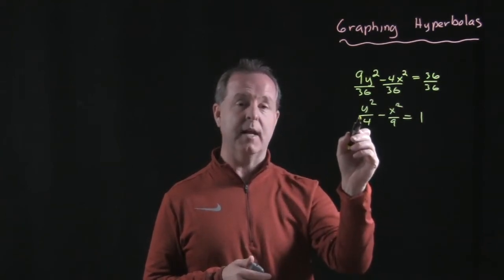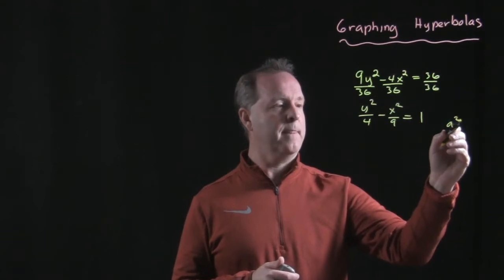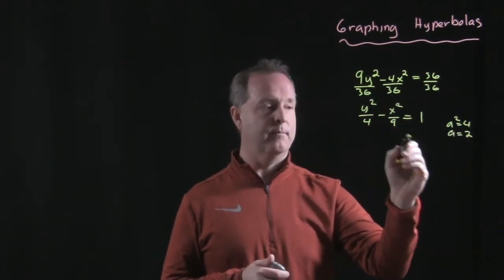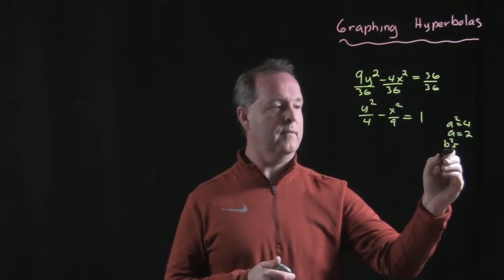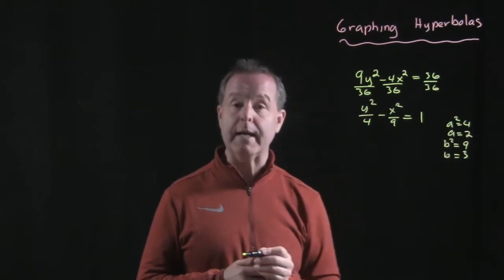So this helps us understand that our a squared is the 4. So a squared equals 4, which means a equals 2. b squared equals 9, so b equals 3.